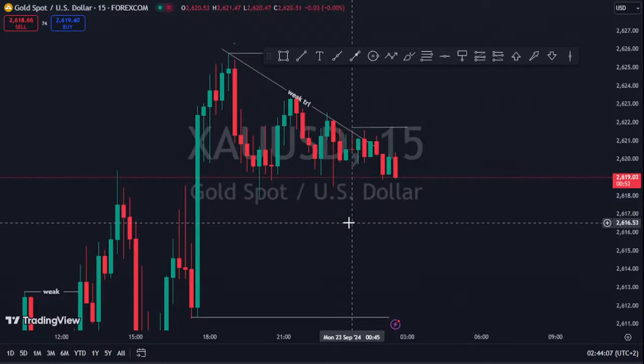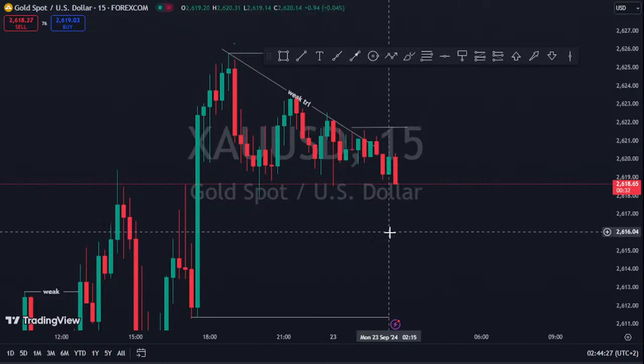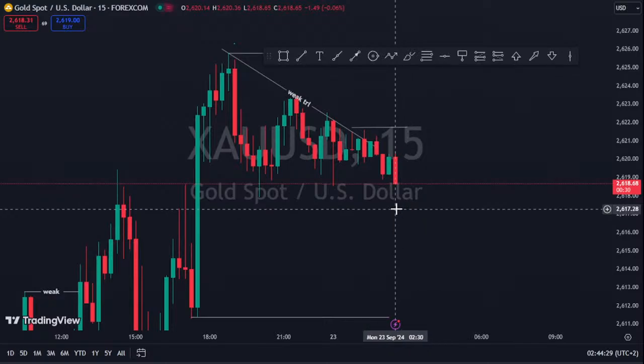It's still just failing to push in one direction. It's just moving stationary. So basically, we can just say it's consolidating. But currently it's no longer consolidating, it's pushing out.